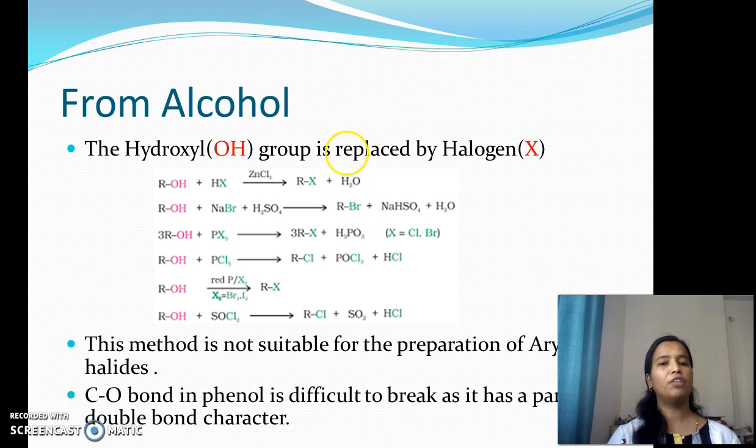So it is difficult to break that bond, and you cannot easily replace OH by a halogen atom. So aryl halides cannot be prepared from phenols. Only alkyl halides can be prepared from alcohols.